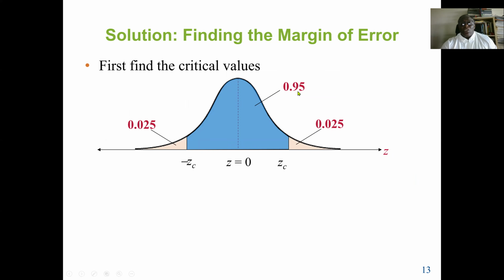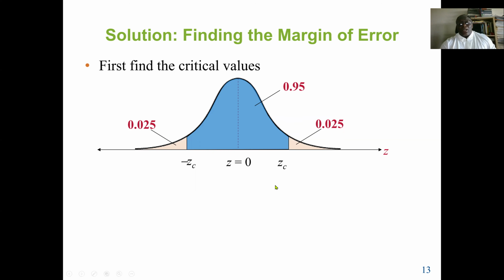Remember, 95% confidence interval, so our shaded area will be 0.95. Now, if I have 0.95, to the left and to the right will be 0.025, because both sides total 5%. So half of 5% will be 2.5%, and 2.5% is the same as 0.025.